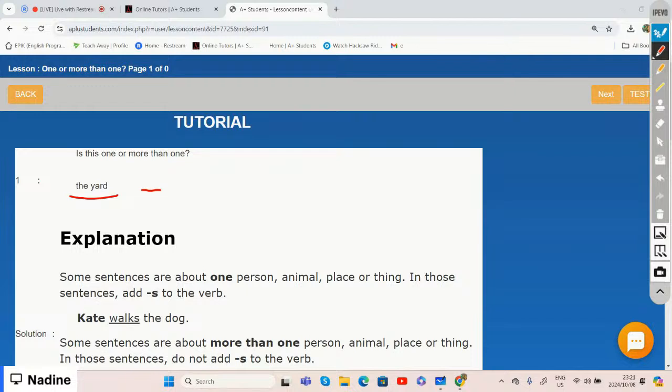So the yard, is it one or more than one? So we need to say, is it one yard or more than one yard?